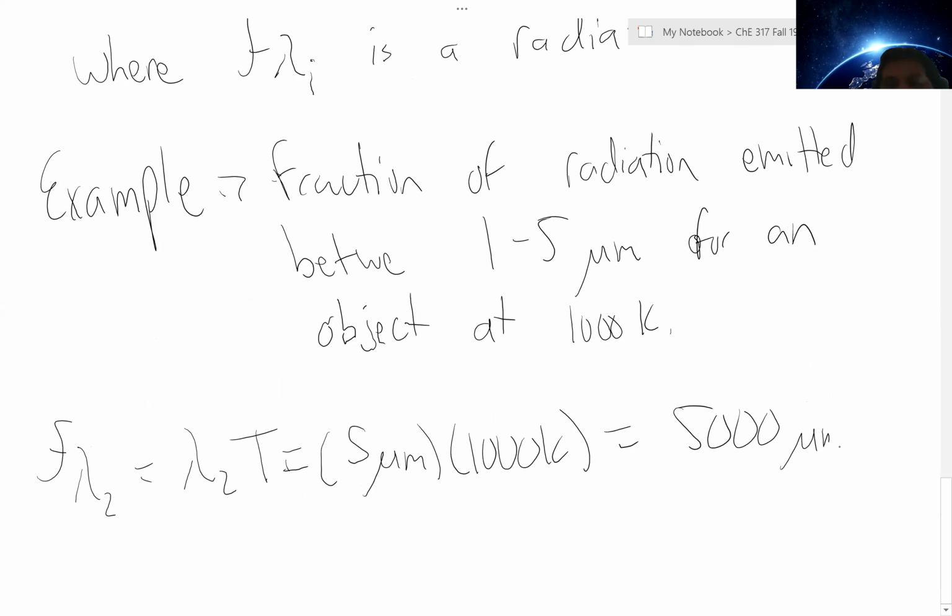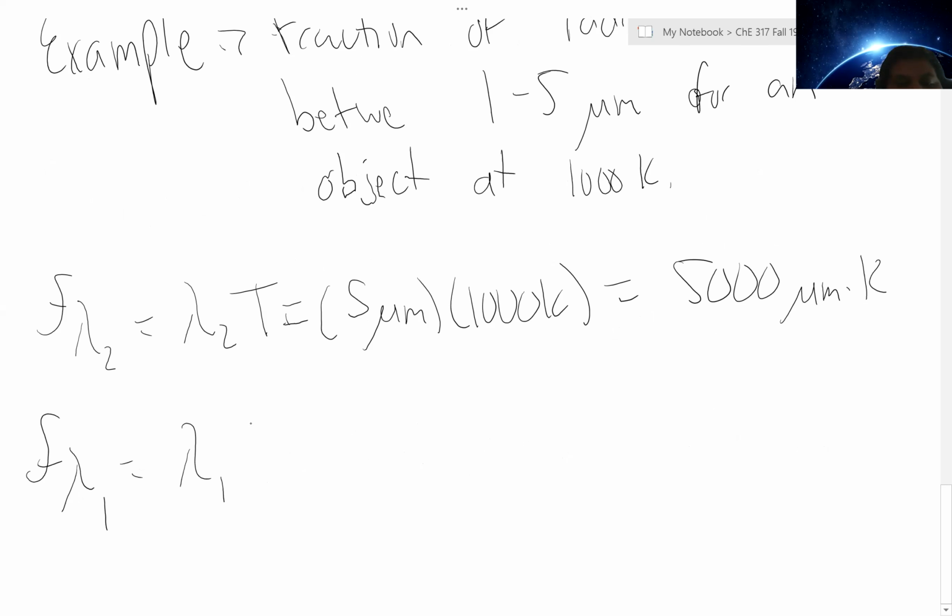And my lambda 1 T would be 1 micron times 1000 Kelvin, or 1000 micron Kelvin.